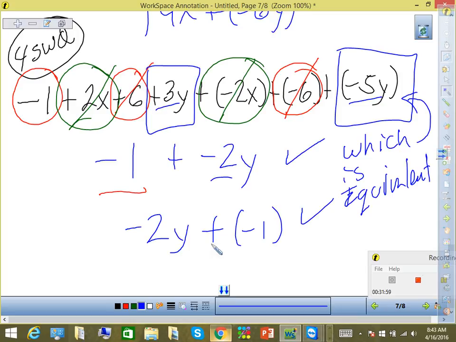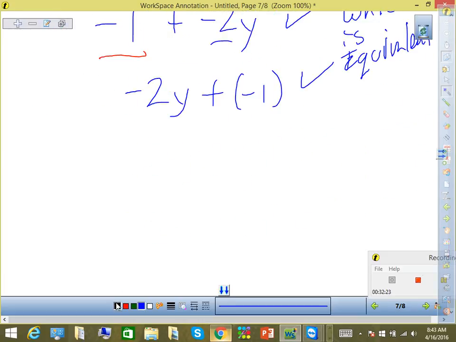How are we doing with these? Good? Okay, one last one, and then we're going to move on to equations. Example 4. This is a long one, so write small, please.